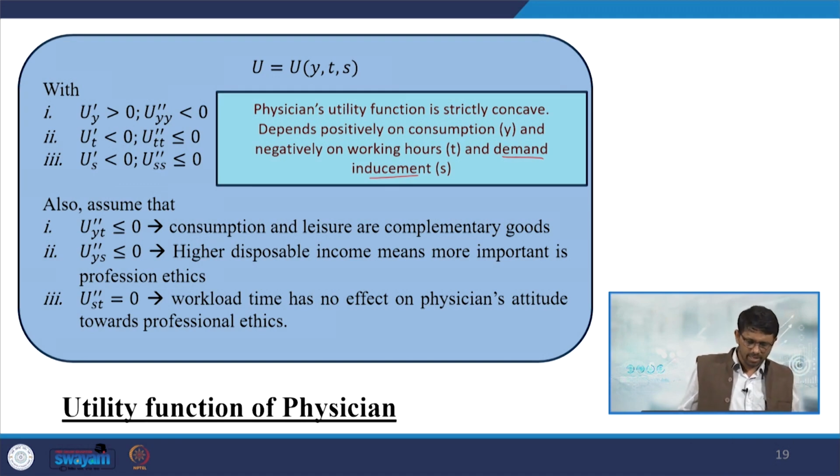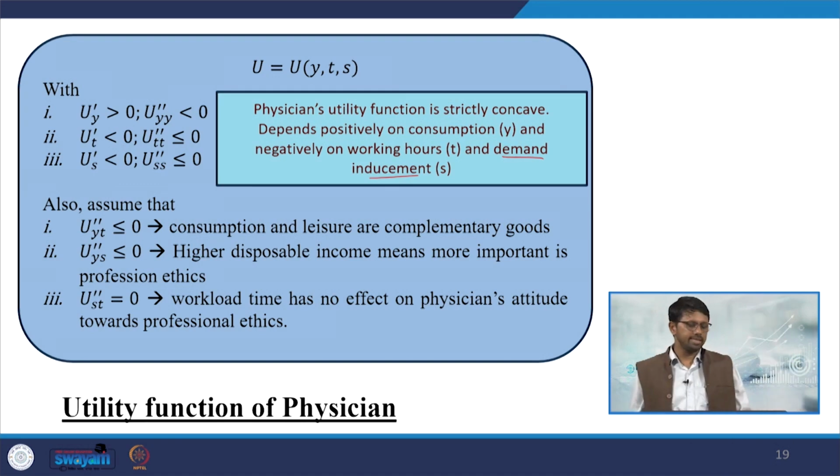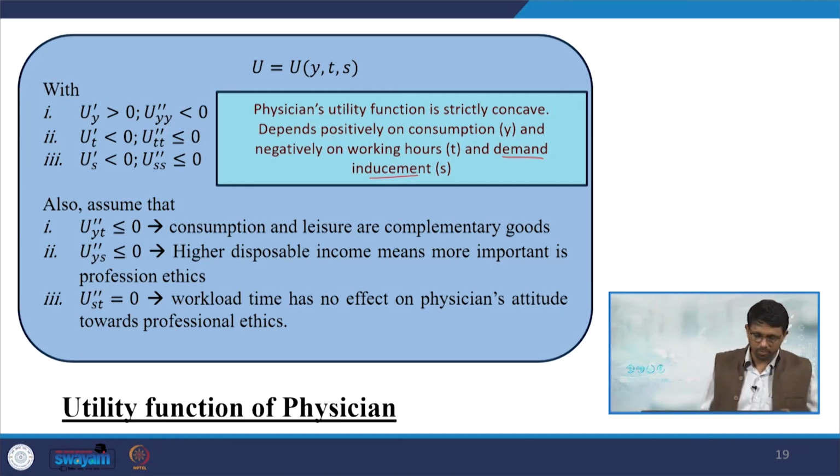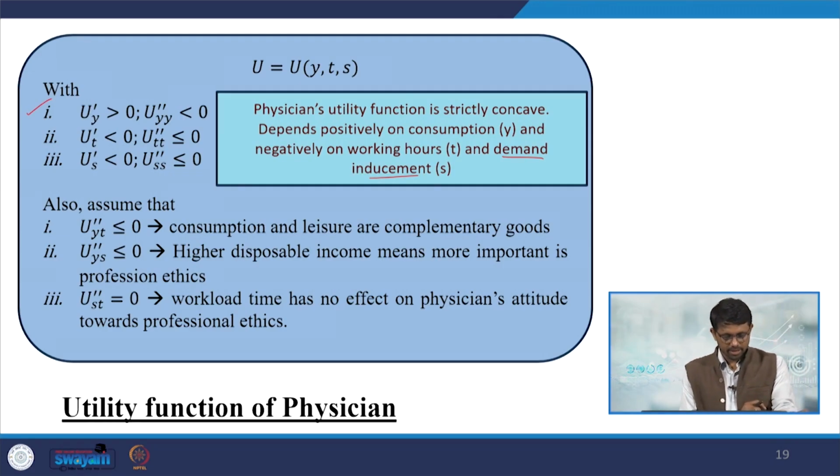You can see their first-order and second-order derivatives. From the income side, we have mentioned that the first derivative is positive, and the second derivative is negative. Hence, we said that the physician's utility function with respect to their consumption is strictly concave.